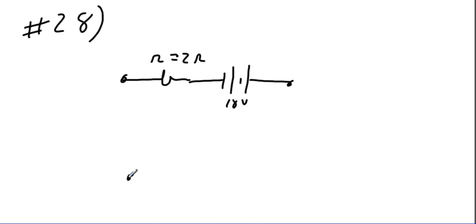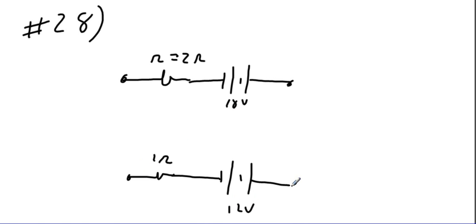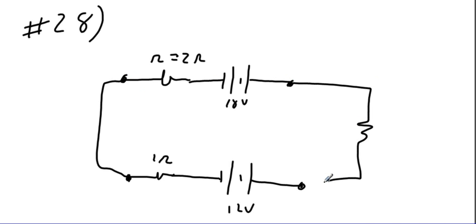And we have another battery, and it has an internal resistance of 1 ohm, and it's a 12-volt battery. They're connected in such a way that my battery goes from where my dots are, and then I'm connected into a resistor that is 6.6 ohms.